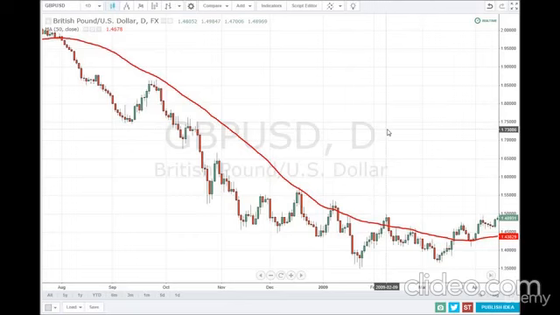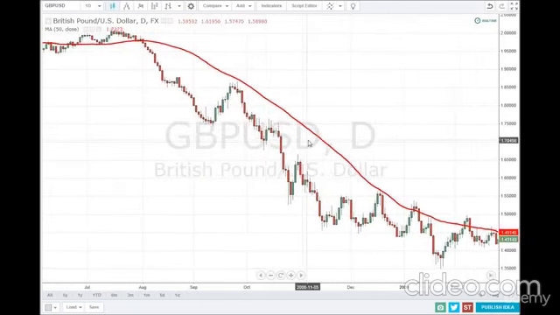First of all, let's stick with our example of our dynamic resistance. Price was rejected 4 times, 1, 2, 3, and 4. But let's look further along this chart to see what happens.